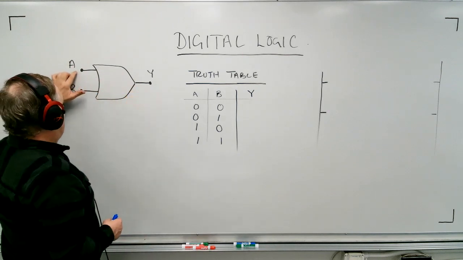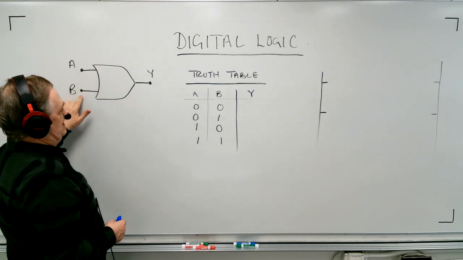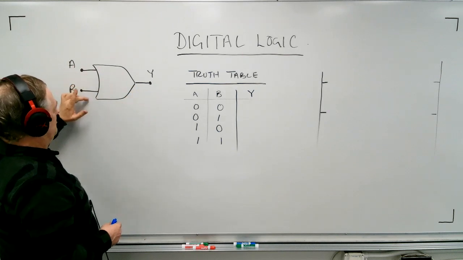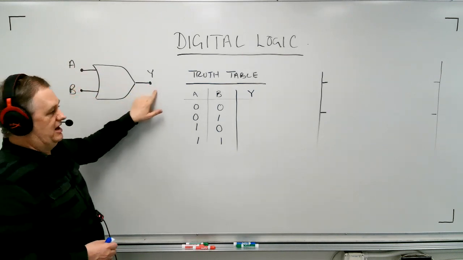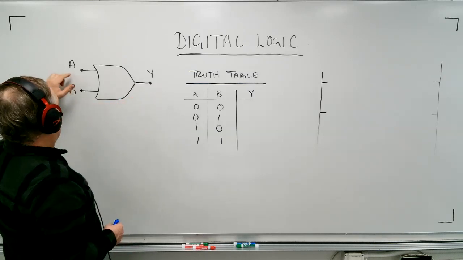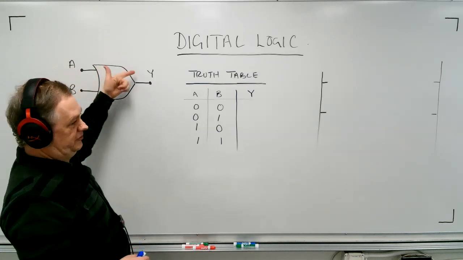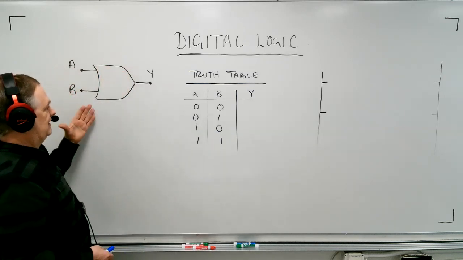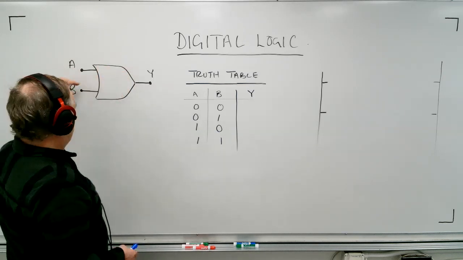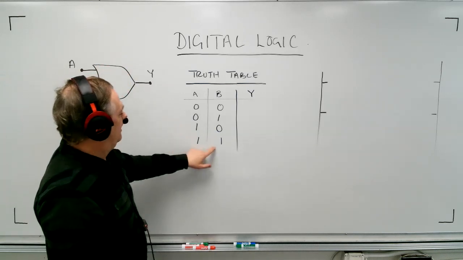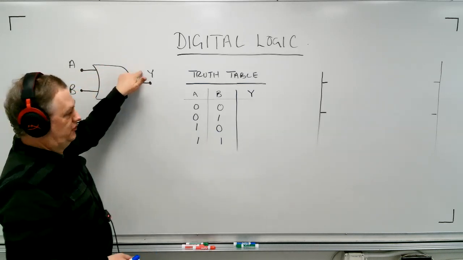If you have A but not B, then your output will become high. If you have B but not A, your output will also be high. And interestingly enough, in this case, if you have 1 and 1, your output will also be high.